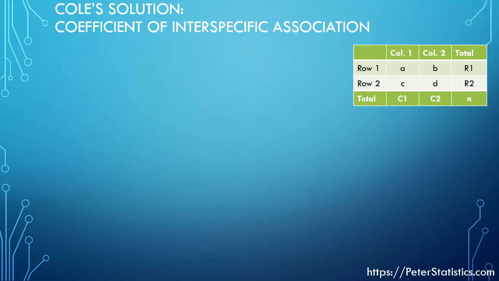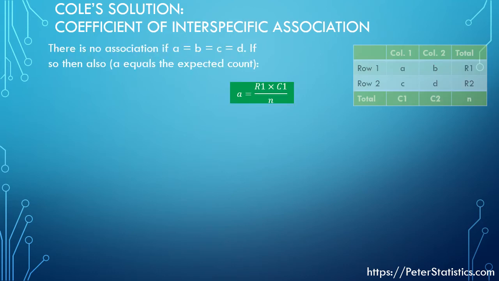Cole actually disagreed a little bit on this and came up with his coefficient of interspecific association. It's based on the premise that if there is no association, all values should be identical to their expected counts.